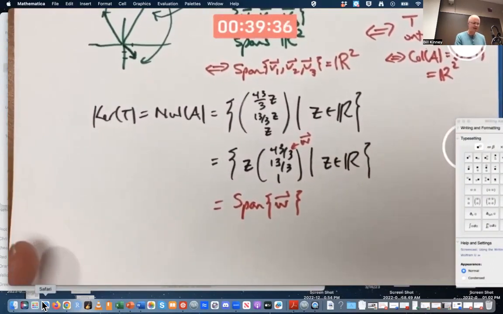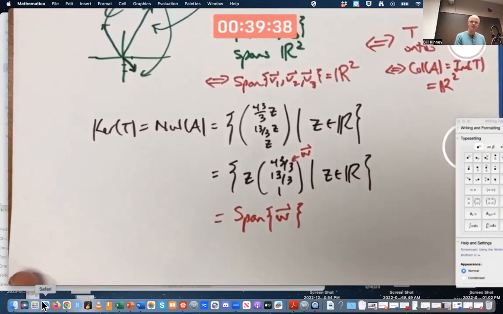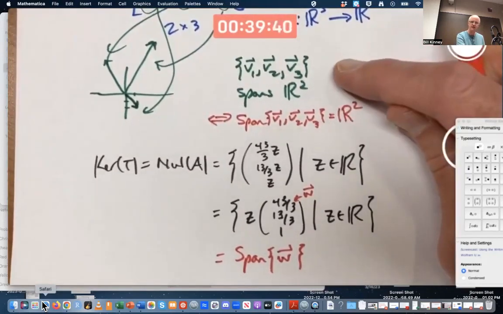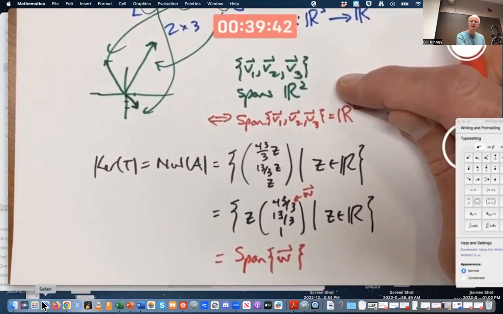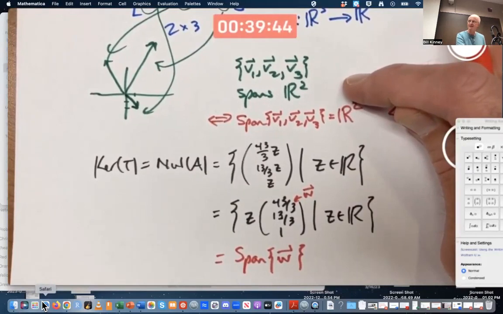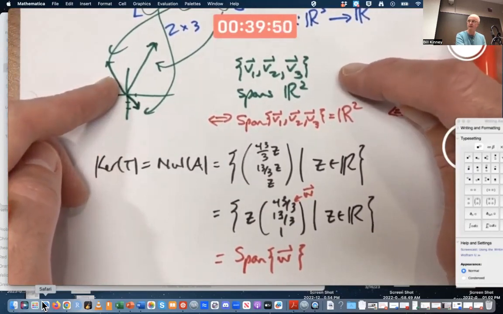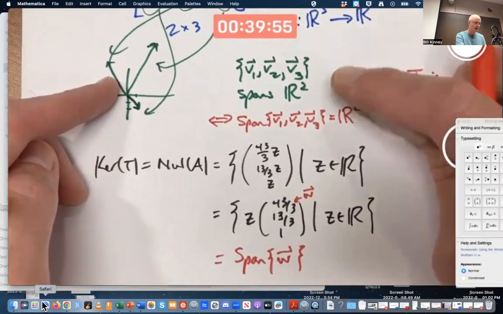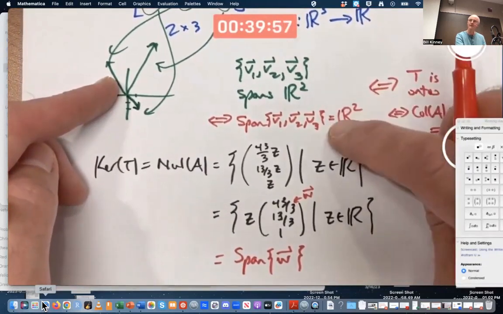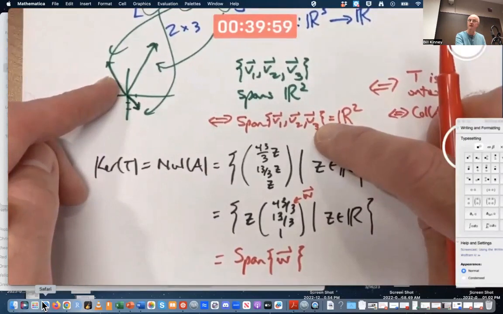Because what is a span? Back up here, I said these three vectors span R2. What that meant, you may have forgotten already, is that any vector in the plane can be written as a linear combination of these three vectors. R2 equals the span of them, the set of all linear combinations of them.